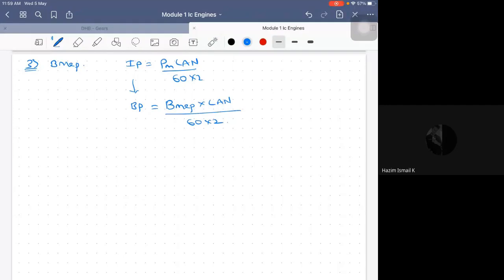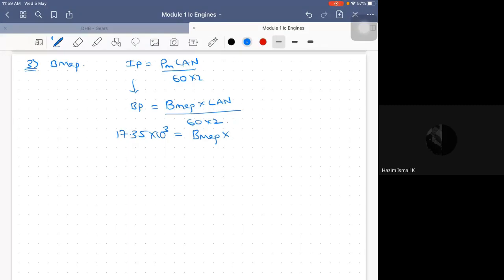So it is 17.35 into 10 to the power of 3, that is equals to brake mean effective pressure, the thing you have to find out, cross LAN.